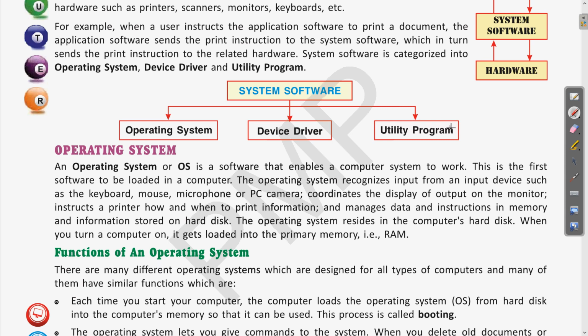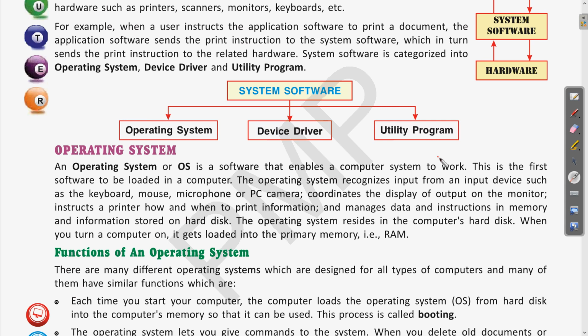Not only the computer, if you are using a mobile phone also, there you have some operating system. Clear? So the operating system enables the computer to function. Clear? And the operating system makes the hardware interact with different other hardware devices.